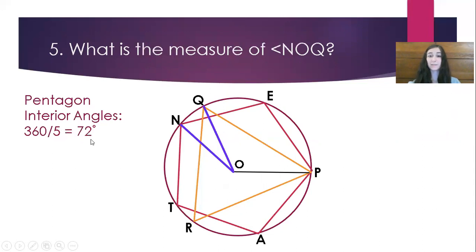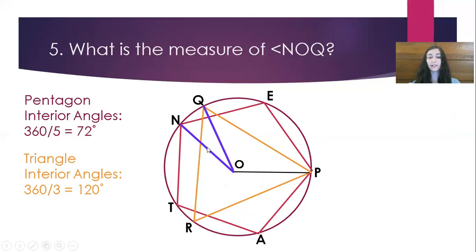Next, we're going to do the same thing for the triangle, and we know that the triangle equals 360 degrees, and since there's 3 angles inside of the triangle, we're going to divide 360 by 3, and that equals 120 degrees.